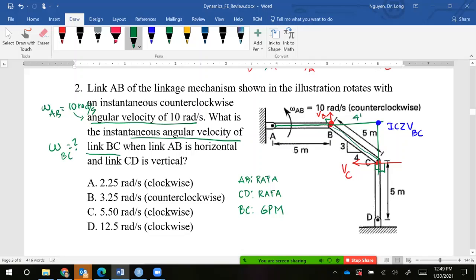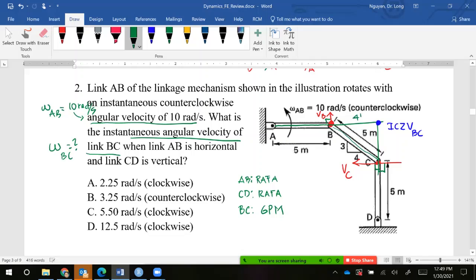VB going up. And then we go to the next body, BC. Then BC rotates about the ICZV, the ICZV of body BC there. So VB equals omega of that body. Actually, that is the one we want to find out.